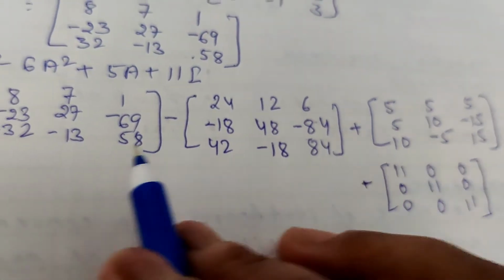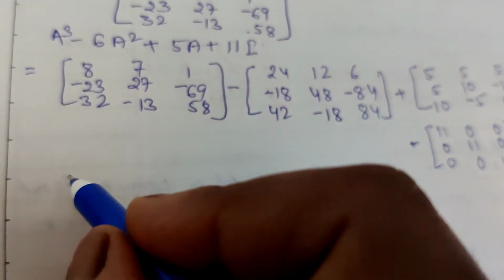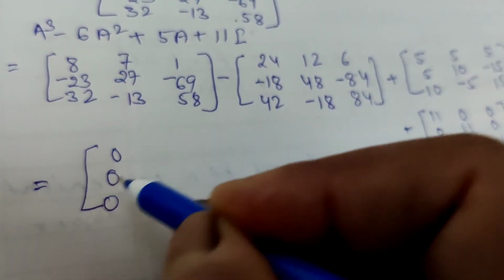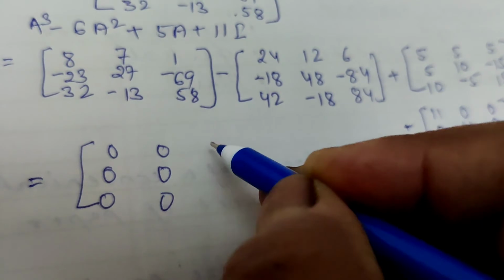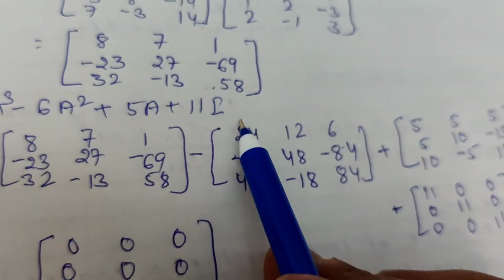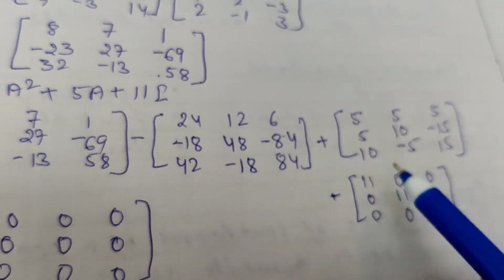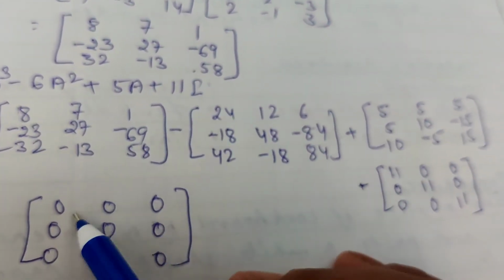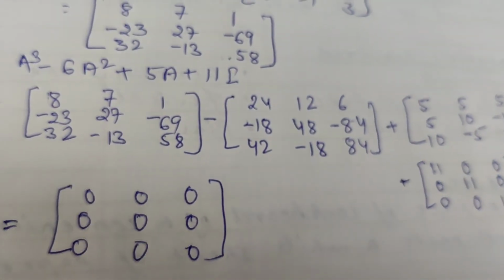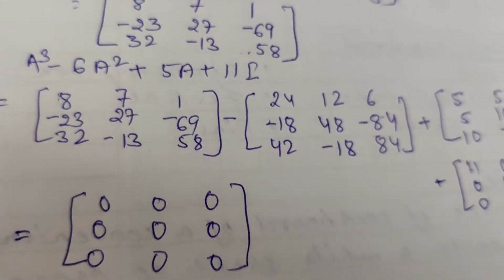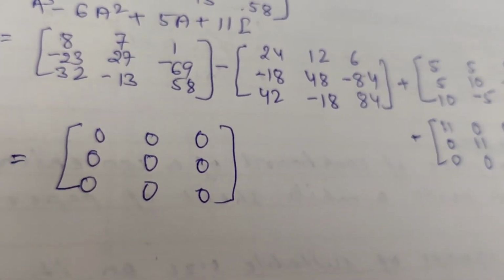Now compute all the elements, first element and second element and all those. You will get 0, 0, 0. This will equal to 0. Now you can calculate like this: 8 minus 24 plus 5 plus 11, 24 minus 24, 0. Like this all the elements will be equal to 0. Hence proved.